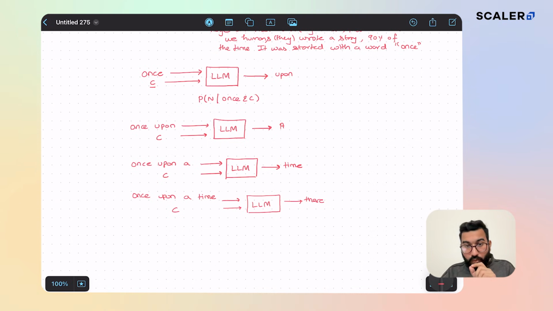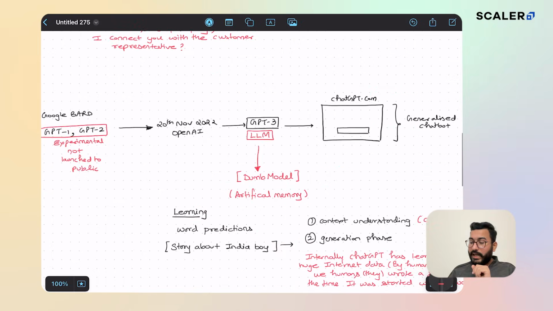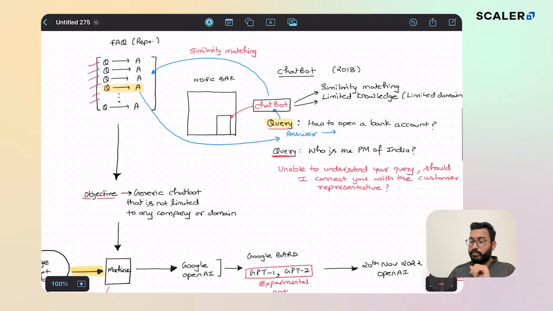Now this is what is happening internally. When I go back to look at the earlier chatbots, they were not generating. They were only finding the nearest match of your query with a question in the database and returning the corresponding answer to you.